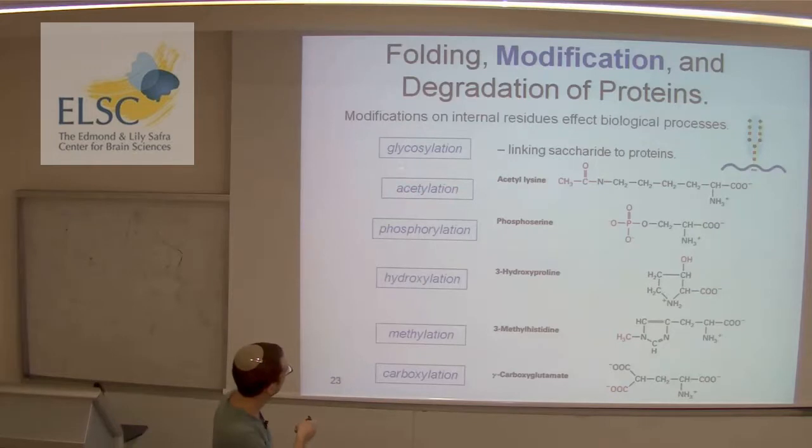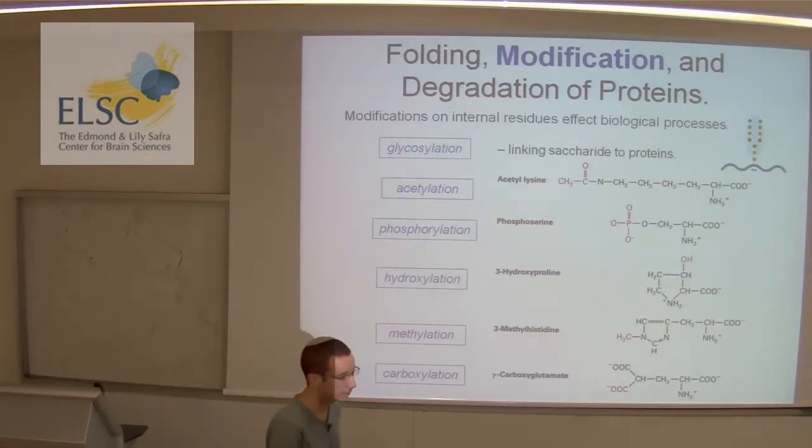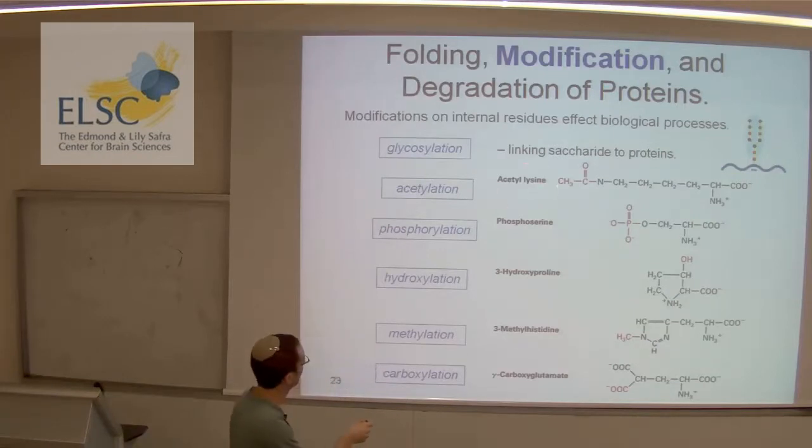Acetylation can also be not only on the N-terminal, but also on some internal residue, for instance, lysine.